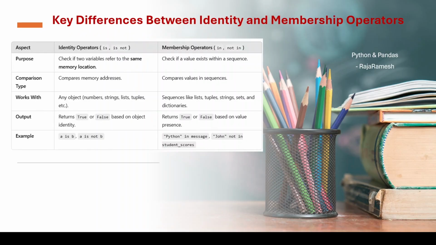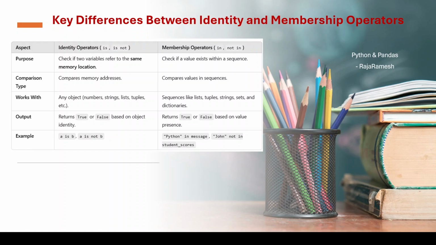If you want to see some key differences between these two kinds of operators, identity operators and membership operators, this table helps you. We have two kinds of operators in Python. One is identity operators, is and is not, and the other is membership operators, in and not in. The main purpose of identity operators is to check if two variables refer to the same memory location, and membership operators check the existence of the given element or value in a sequence.